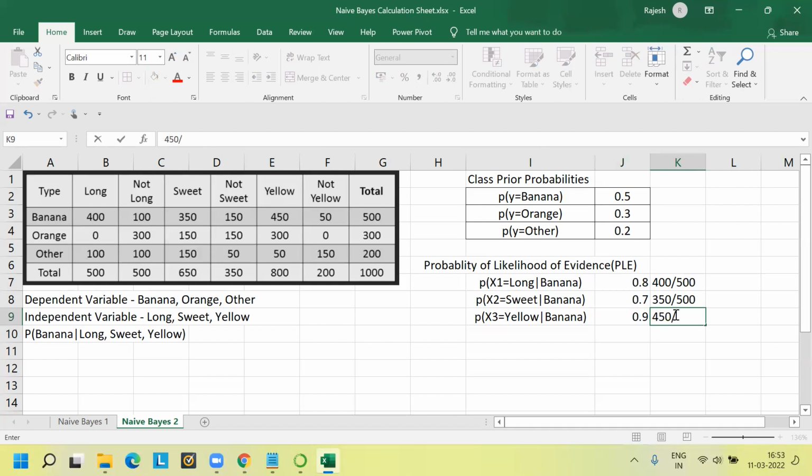So what is the PLE, the probability of likelihood of evidence? It is multiplication, right? 0.8 into 0.7 into 0.9 is 0.505.